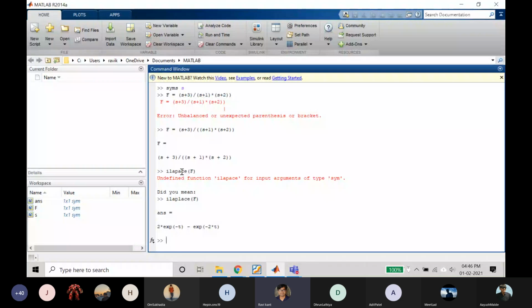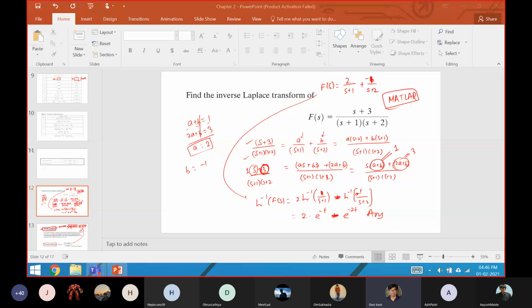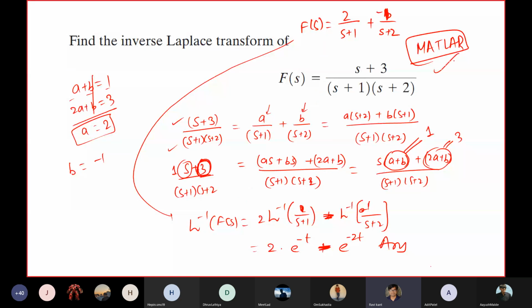See how easy it is. So every time you are stuck with your hand calculation, you have MATLAB, you can just verify it and you have the answer. You don't have to go into the details of those analytical glitches that you might come across. Whenever you are stuck, start MATLAB.